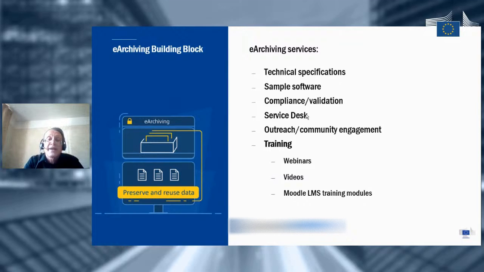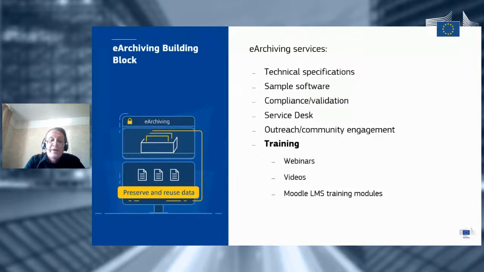We have compliance and validation services that ensure that these specifications are followed. We've also got a service desk, and again, I'll provide a link to that in the chat box later. We have outreach and community engagement activities. And of course, we are developing a training offering, of which this is a part. We'll be delivering webinars like this, providing videos, modules on the Moodle platform, amongst other things.